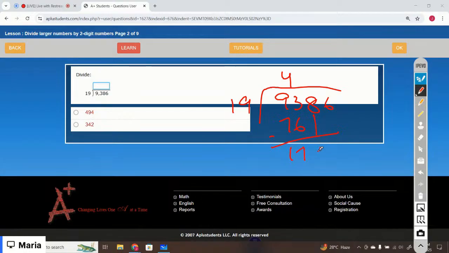Now bring the other digit down, that is 8. So now we can go for 19 times 9, that is 171. So we have 7 here, bring the next digit down. Now we can go for 19 times 4, that is 76. Alright, so the right option is 494. Option number 1 is the correct option.